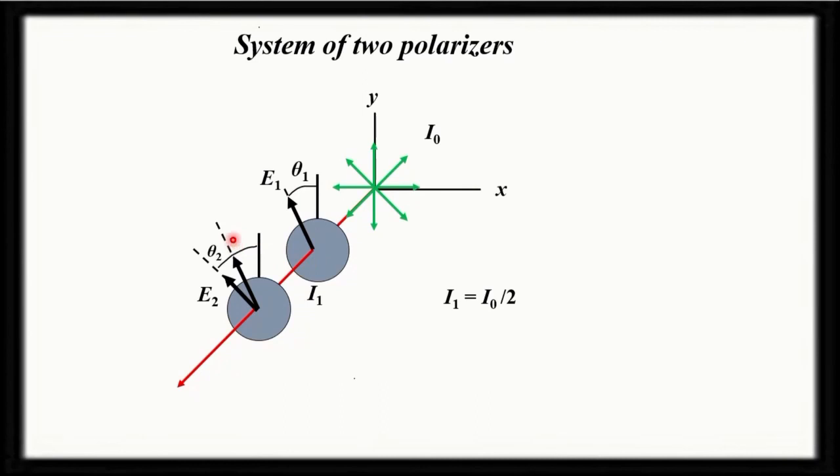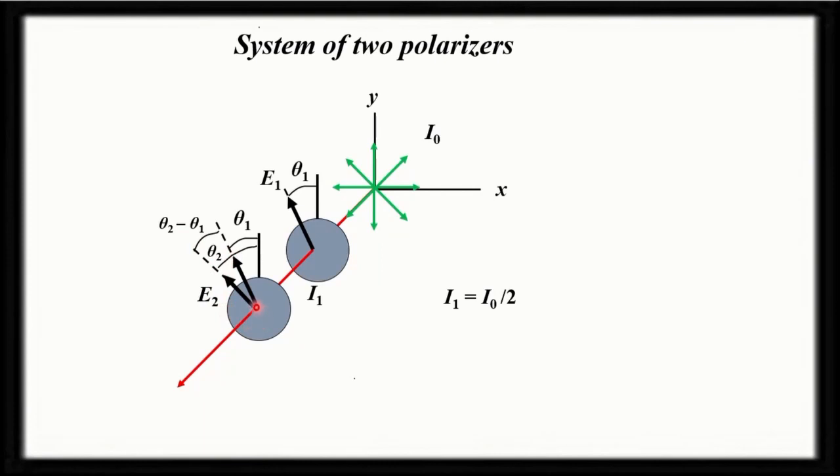This angle in this case will be equal to θ1, and this angle, the angle between the axes of polarization of these two polarizers, will be θ2 minus θ1.